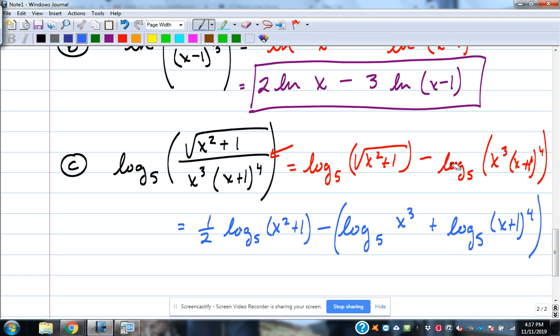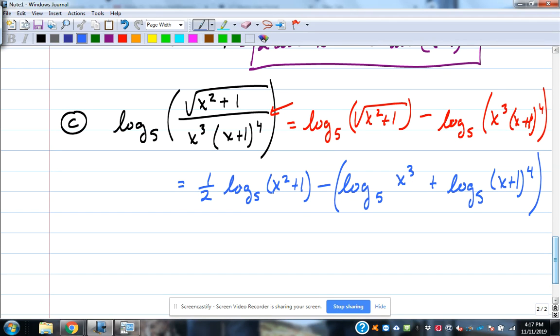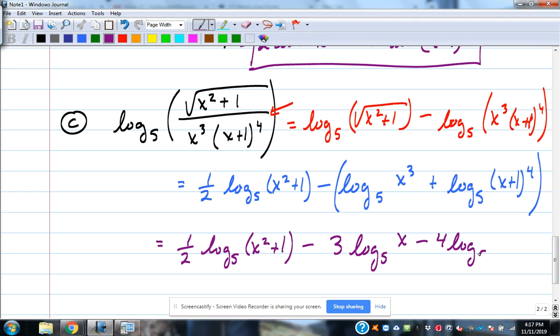Now, what can I do with those to make them a little bit more expanded? Yeah, put those exponents in the front. 1/2 log base 5 of x squared plus 1 minus 3 log base 5 of x minus 4 log base 5 of x plus 1.